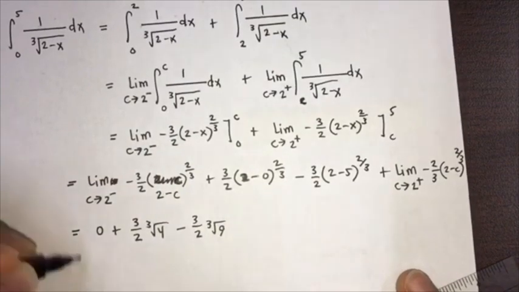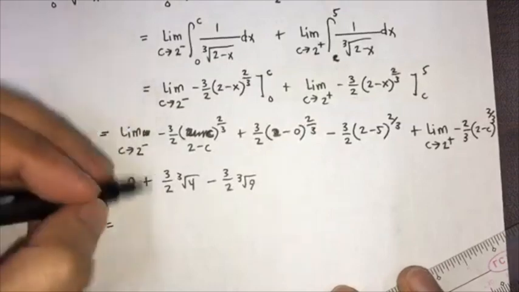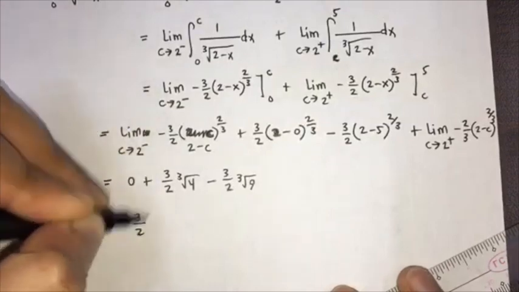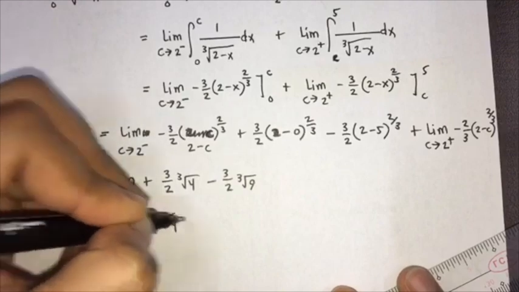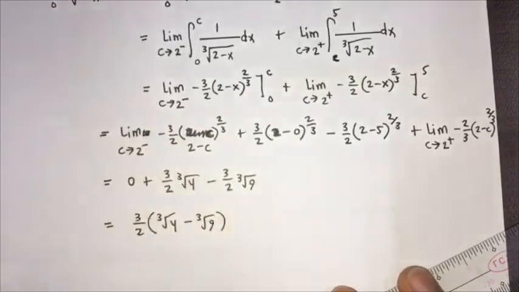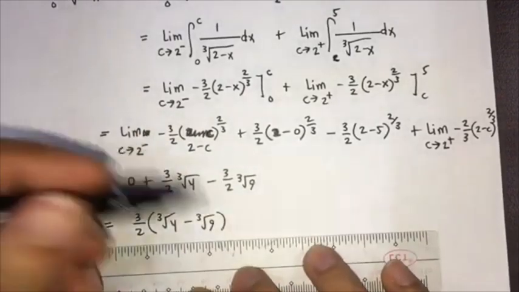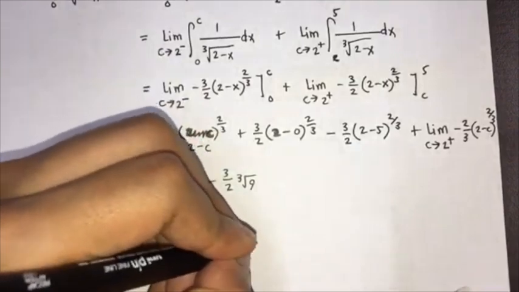Therefore we can factor out 3/2 times the cube root of 4 minus the cube root of 9. So this is now our answer.